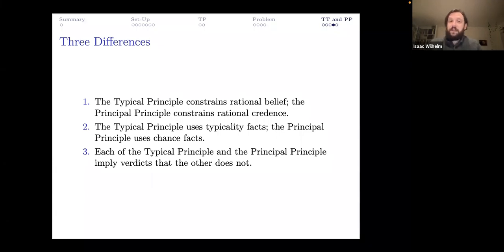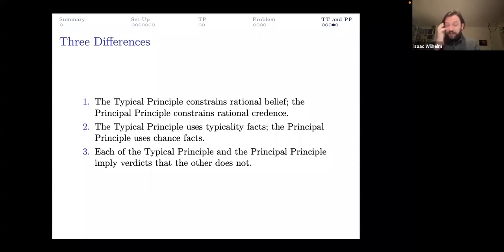Okay, second difference. The typical principle uses typicality facts as a guide to what's rational, and the principle doesn't. It uses chance facts as a guide to what's rational. Chance and typicality are distinct. There are formal differences. I've argued, for example, that typicality measures need not be upward continuous, whereas probability measures by definition always are.